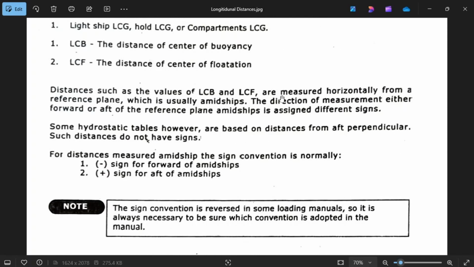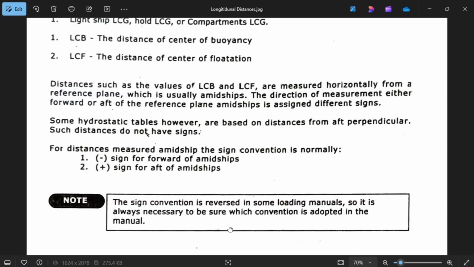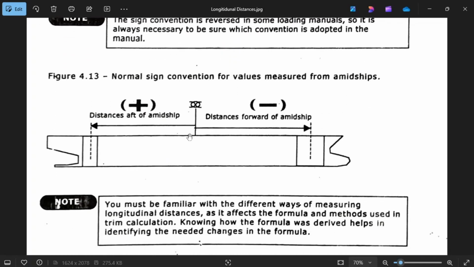Okay, the direction of measurement, either forward or aft, with reference to plane midship, is assigned different signs. What it means is that the reference of the measurement can be LCB, for example, on the forward part or on the aft part. So it's either way, forward part or aft or in the middle.